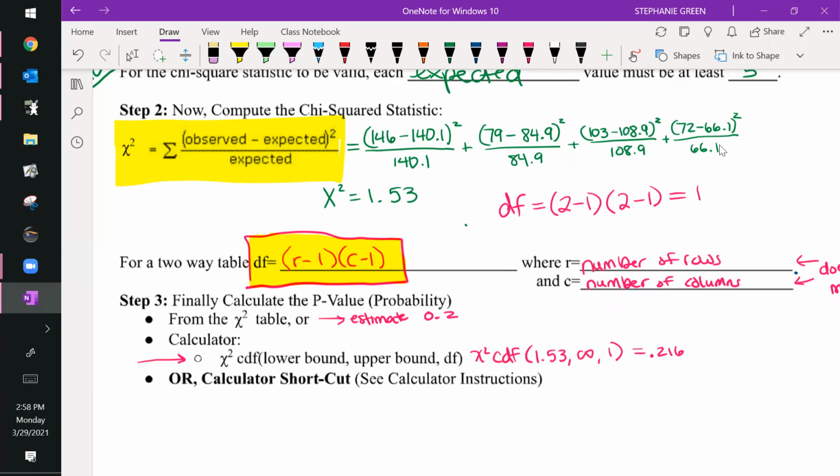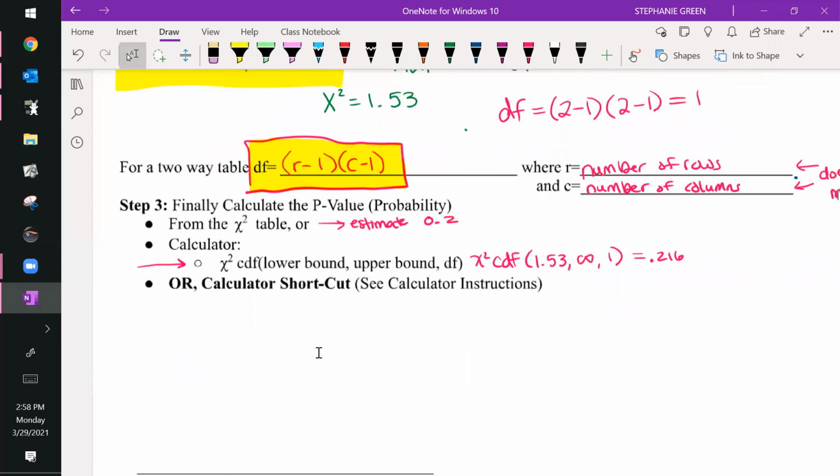All right, but there's an even bigger shortcut. There are detailed instructions on how to do this on the back of this section. But I'm going to go through it here, and you can look back on that reference sheet if you need to later. So to do a chi-square test for a two-way table in your calculator, the first thing we have to do is put our data into our calculator.